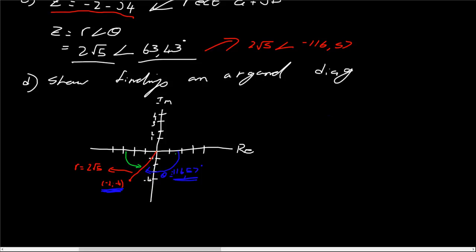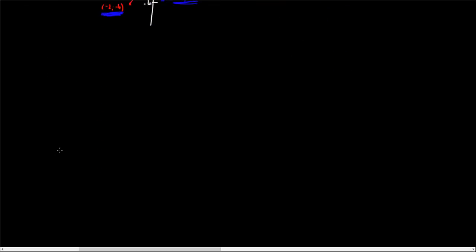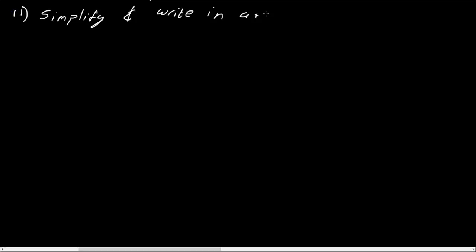Okay, so let's go on with the next question, question 11. Question 11 says simplify and write in a plus jb form, which is rectangular form.